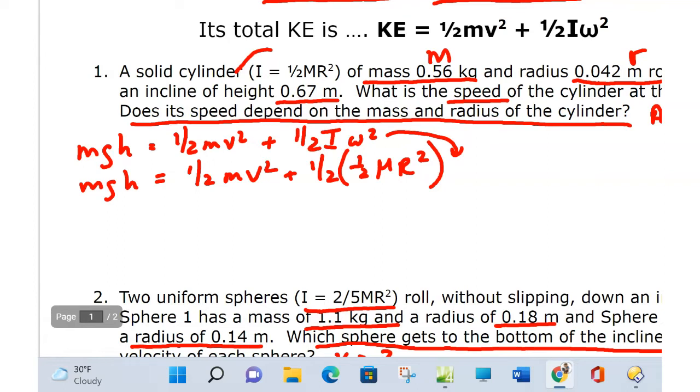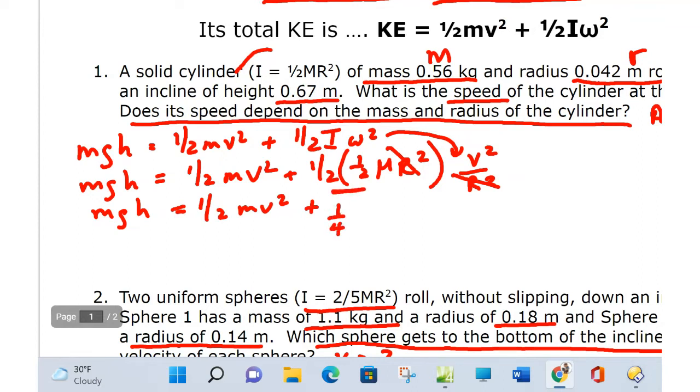Instead, since ω equals v over r, ω² is v² over r². And that's really terrific because this cancels out, and we get the following equation. mgh is 1/2 mv² plus 1/2 times 1/2 is 1/4 of v².